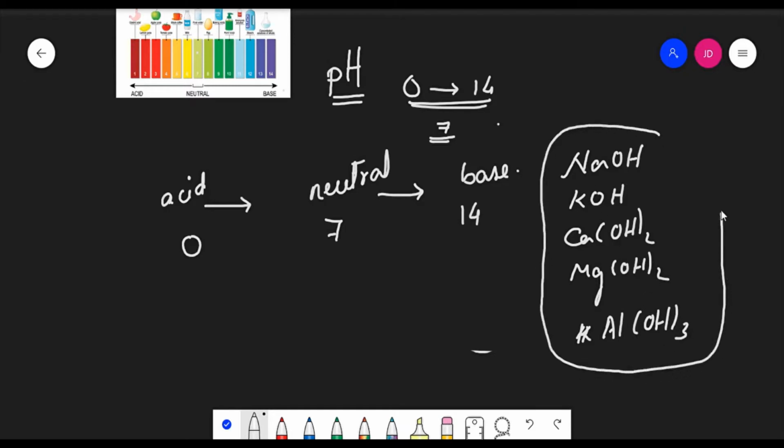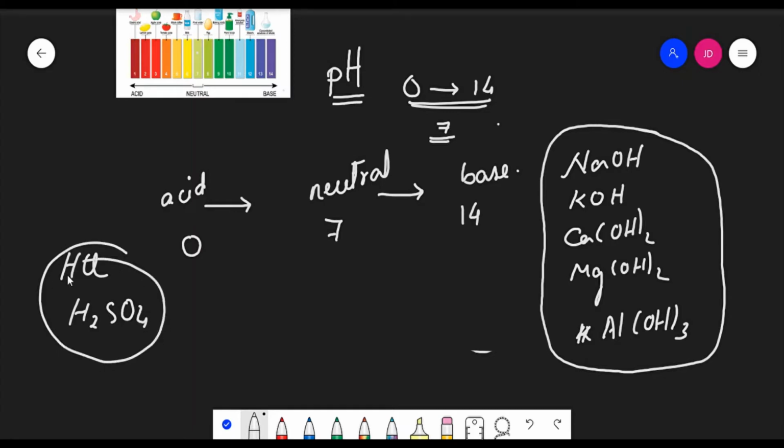One point was there, that is, not all bases can dissolve in water. When we talk about acids, HCl, H2SO4, no matter what acid you take, they will dissolve in water. But not all bases can dissolve in water. Only certain bases can dissolve in water, and those bases which can dissolve in water are what we call alkali.